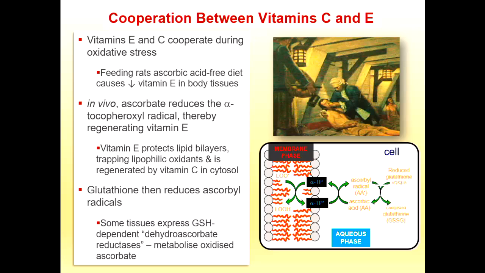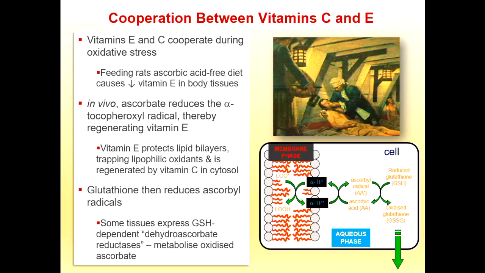And then our old friend glutathione, which we encountered in first semester as an important trapper of electrophilic metabolites, acts sacrificially to regenerate ascorbic acid by reducing the ascorbyl radical to ascorbic acid. In the process, glutathione gets oxidised to form dimers, GSSG, and these eventually get exported from the cell.